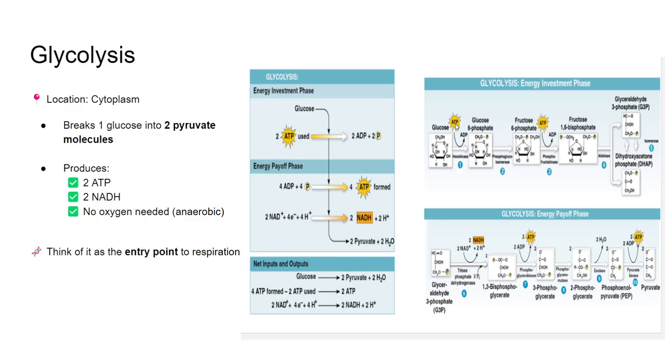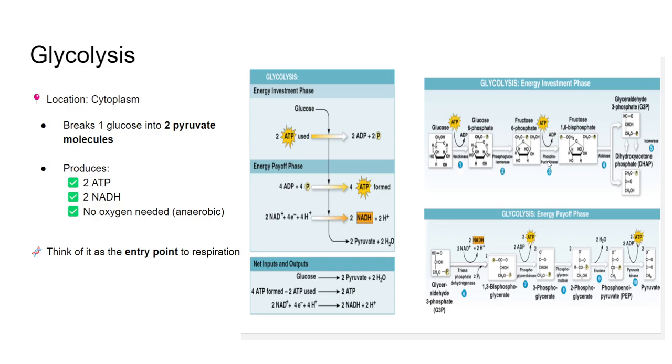This hexokinase enzyme is going to take the high energy phosphate bond on this ATP and transfer it to what was originally a glucose molecule and turn it into glucose 6-phosphate. We refer to this as substrate level phosphorylation.